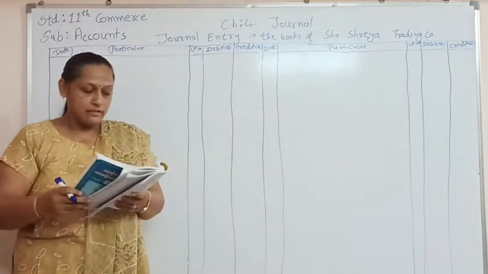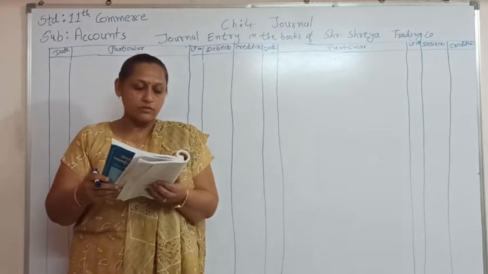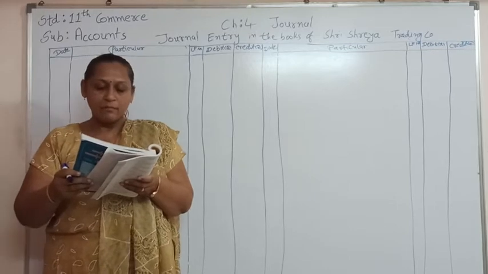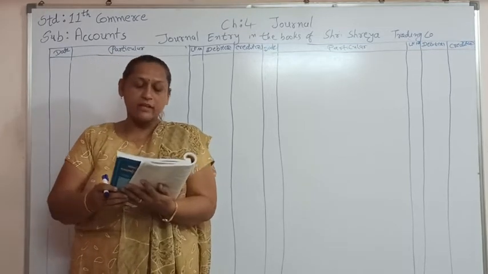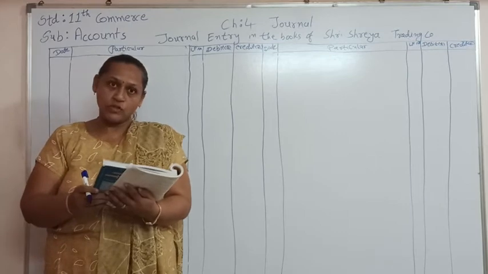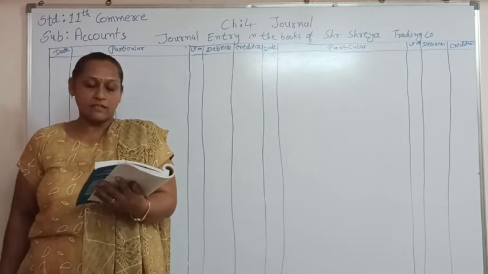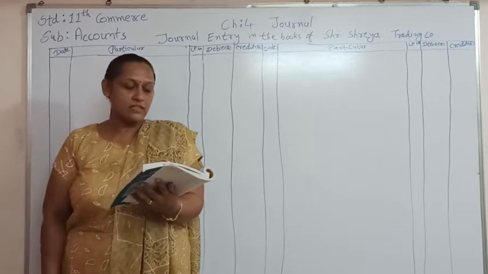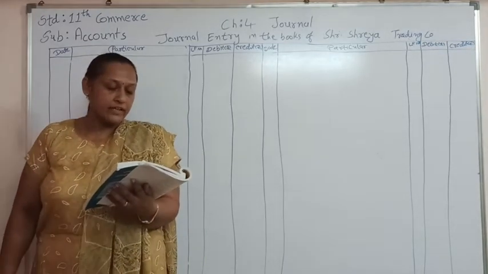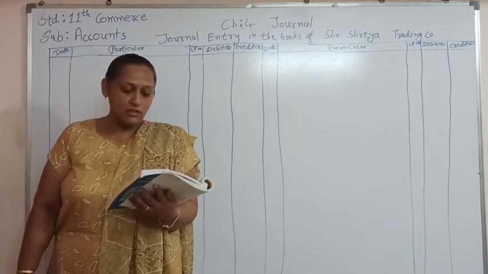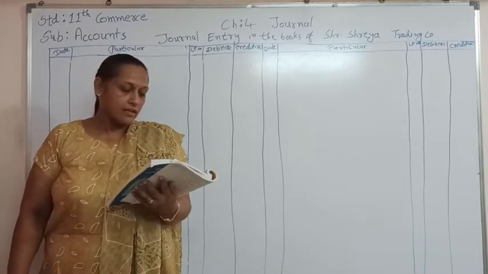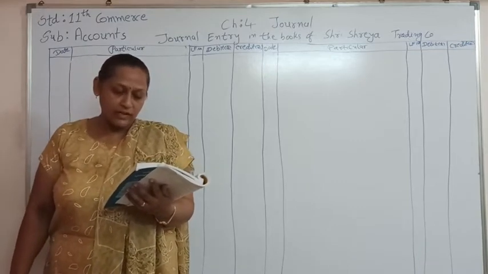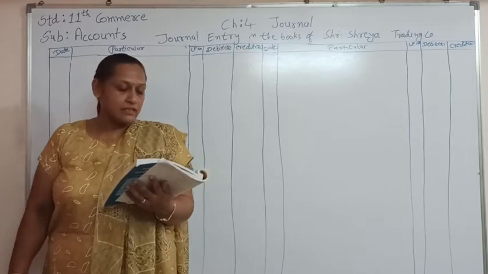So here transaction number 1 is of 2019 January 1st. Transportation expense paid by check, rupees 1,800. So here our expense is a transportation expense, that is 1,800, but it is not inclusive of GST. So we have to find out the GST, and the applicable rate of GST for Shreyans Trading Company is 2.5% CGST, 2.5% SGST and 5% IGST.